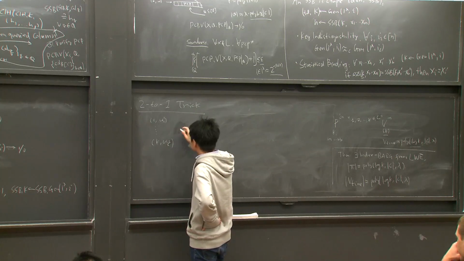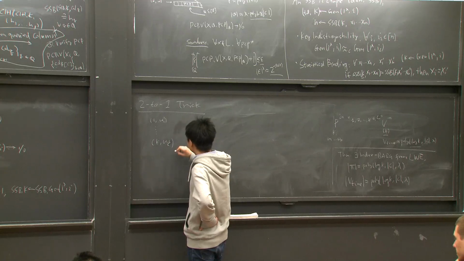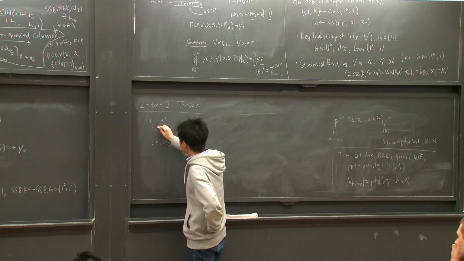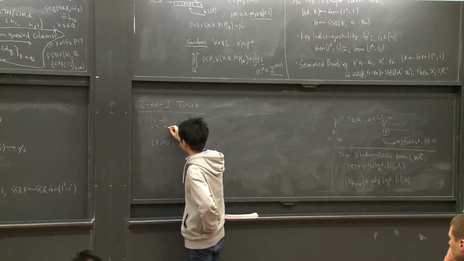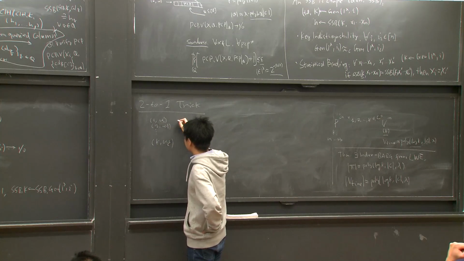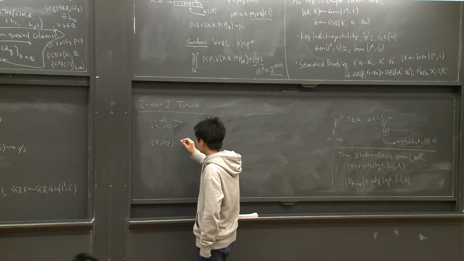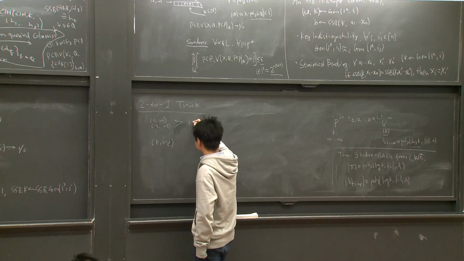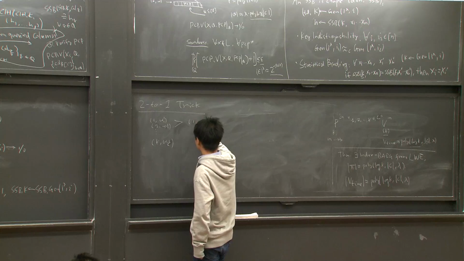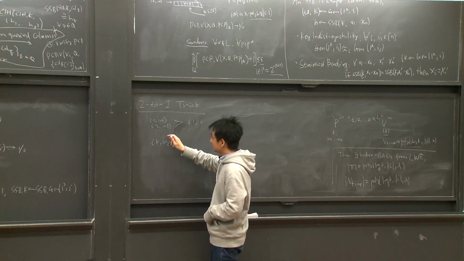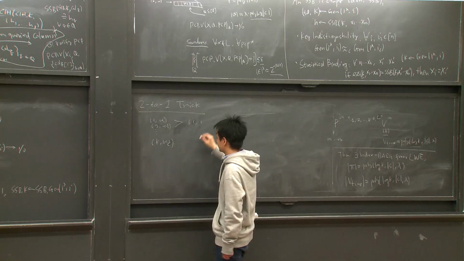So what you do is look at any two adjacent instances and just combine them. Now the combined instance is still one, but the witnesses are concatenated together.